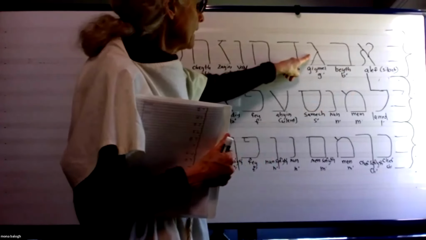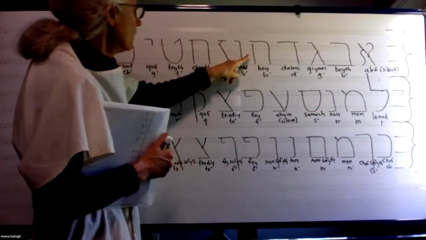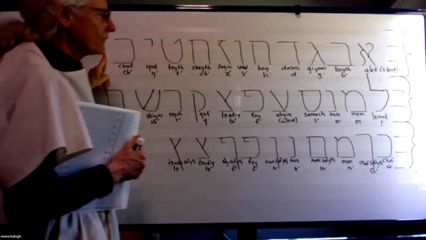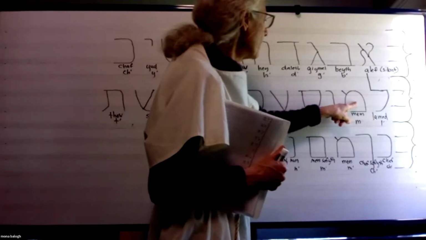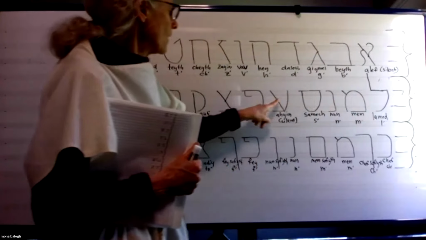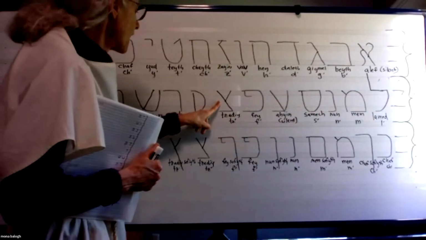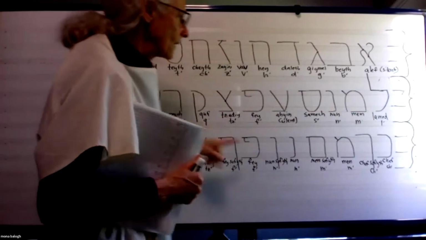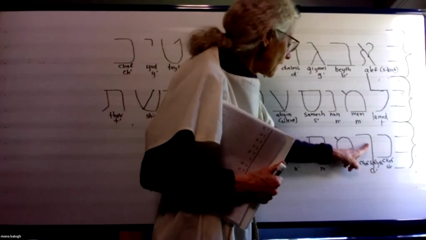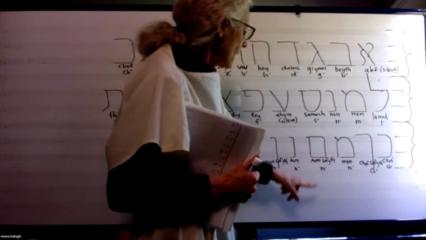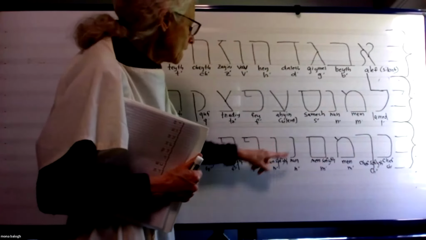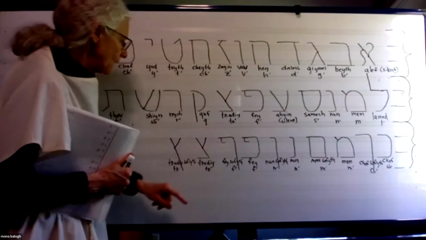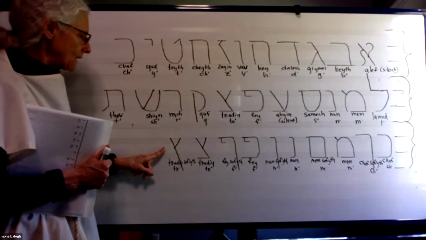Alef-beyth, gimel dalet hey, vav zayin chet, tet yud chaf, lamed mem nun, samich ayin fey, sadi kuf, resh shin tav. Chaf, chaf sofiyth, mem, mem sofiyth, nun, nun sofiyth, fey, fey sofiyth, sadi, sadi sofiyth.